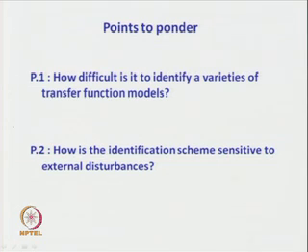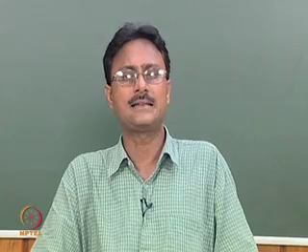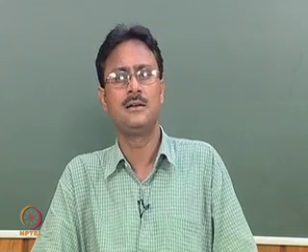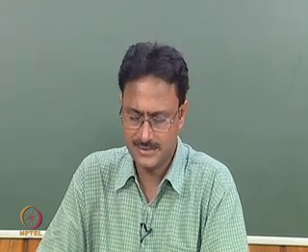The second point: how is the identification scheme sensitive to external disturbances? As you have seen, when we have a static load disturbance, then the limit cycle output becomes asymmetrical in spite of using a symmetrical relay in the relay control system, and asymmetrical relay output may not give correct information of the process dynamics. To avoid that, what has to be done?